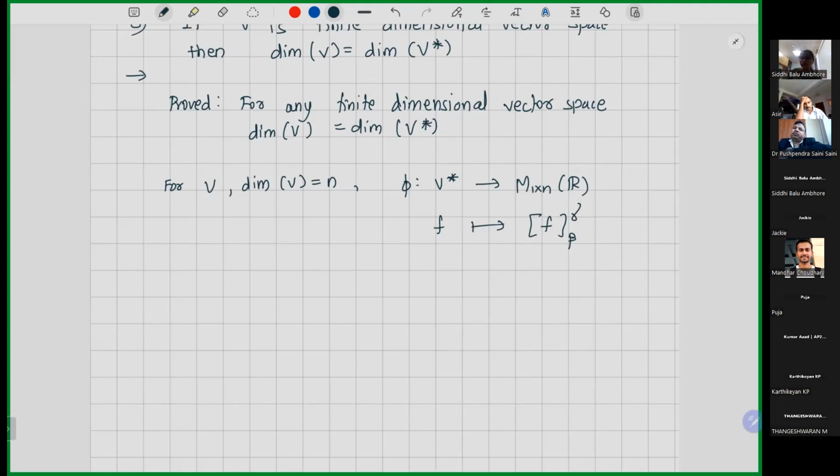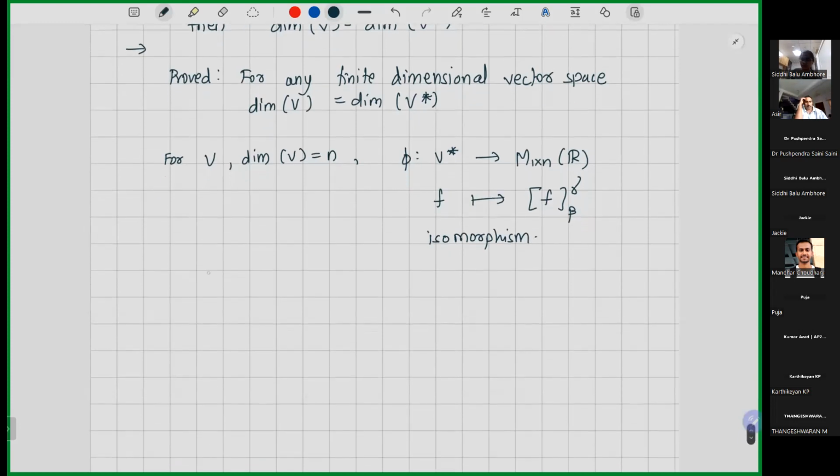And this is a 1 cross n matrix, because beta is the basis of V and gamma is the basis of R. Any 1 cross n matrix will define a linear transformation, and any linear transformation will have a linear transformation matrix corresponding to the bases. So this is an isomorphism. This is already covered in the lectures.